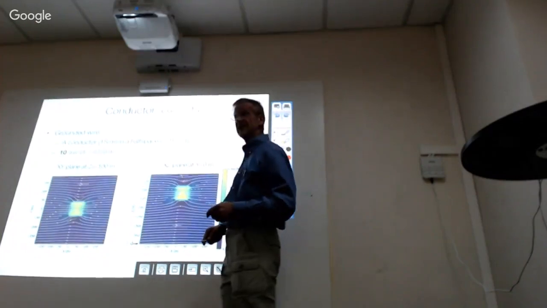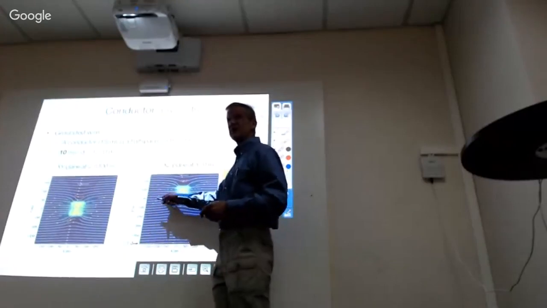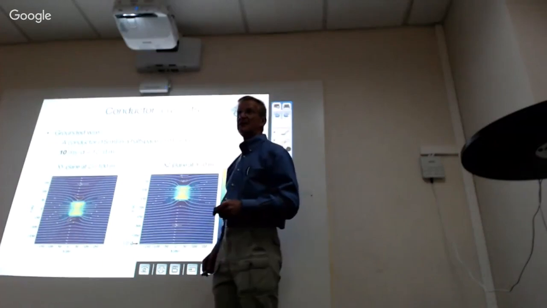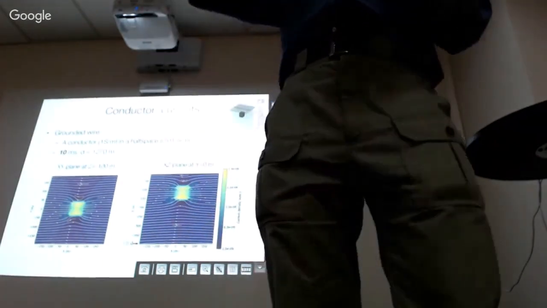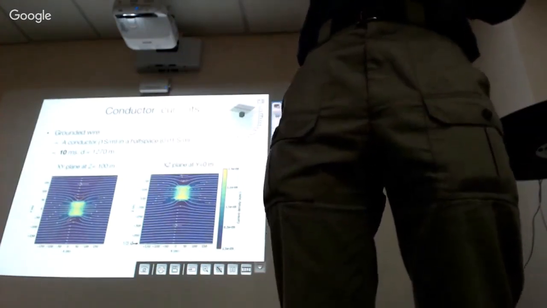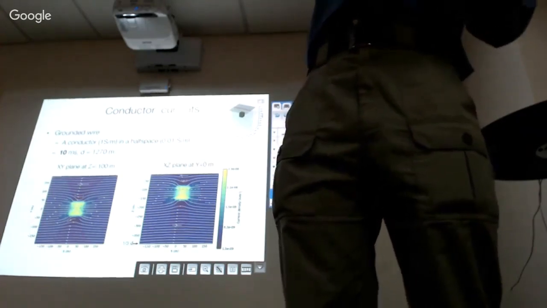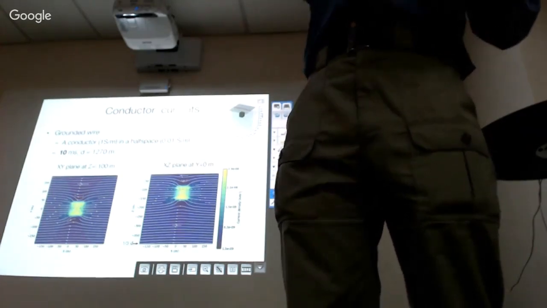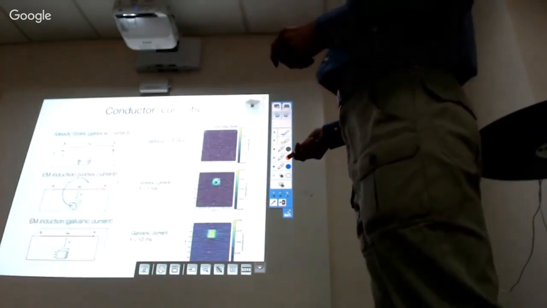And then later, it looks like this. These are the lines of current. The lines of current are flowing through this way. So there's a lot of stuff that's going on here, right? We start off with galvanic currents, and then the moment we turn things off, the induction takes over and makes these vortex currents, and then we end up with just this broad diffusion of currents coming through the galvanic part.